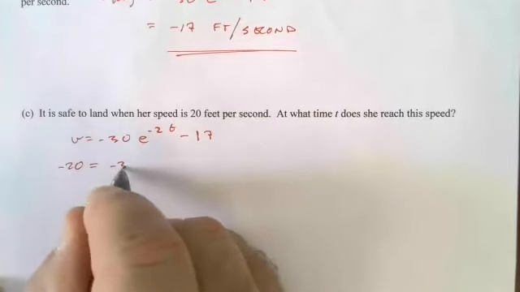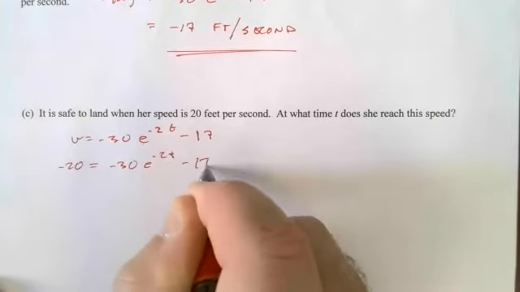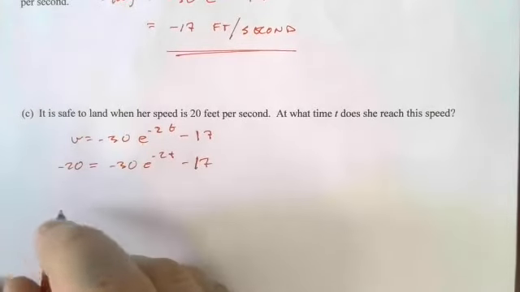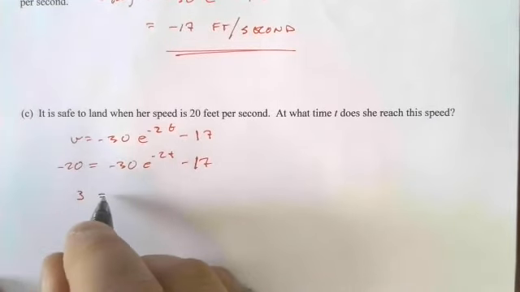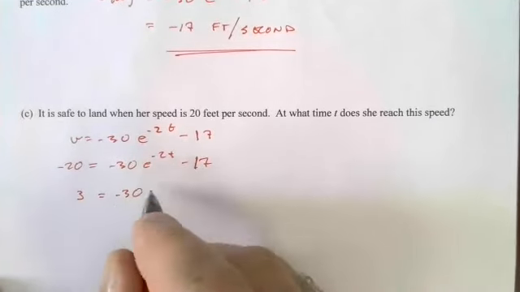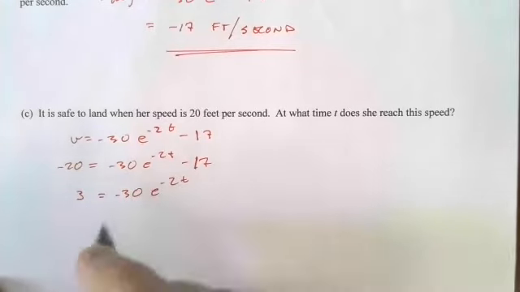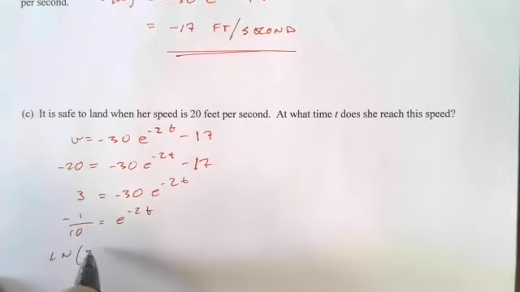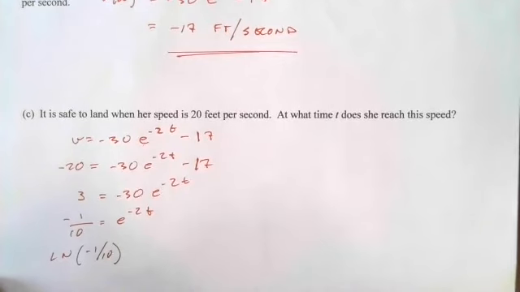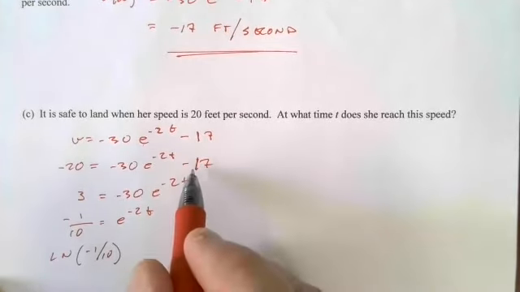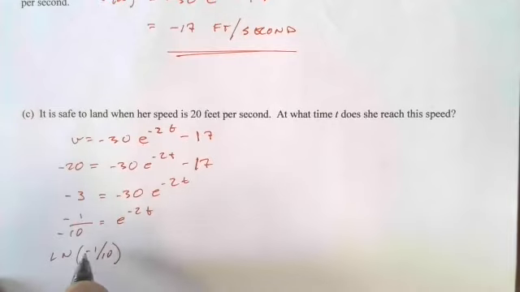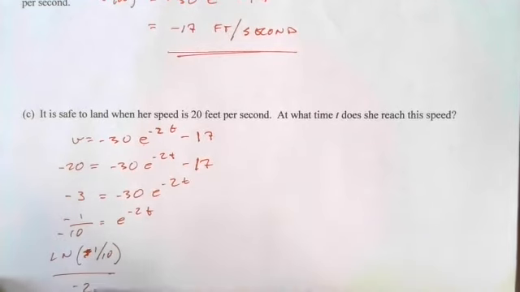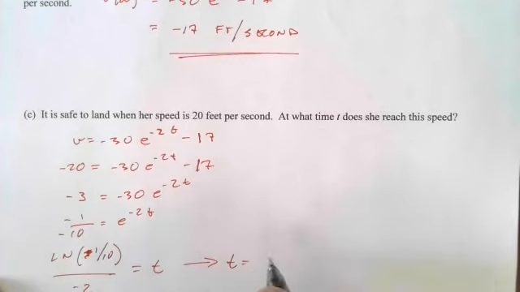What's going on when negative 20? Add 17, 3, divide, negative 1/10. ln, sorry about that, becomes positive, over negative 2. t is 1.151 seconds.